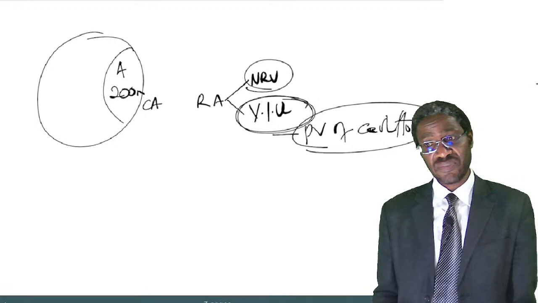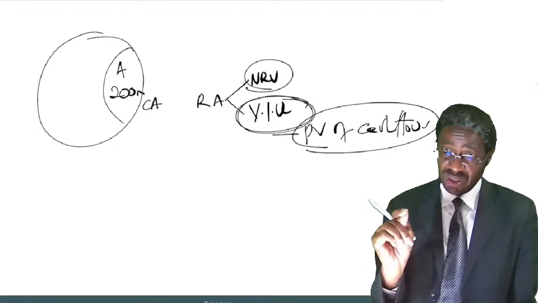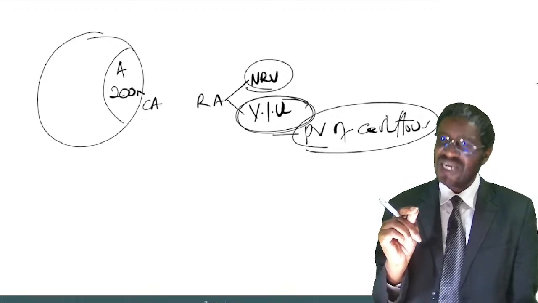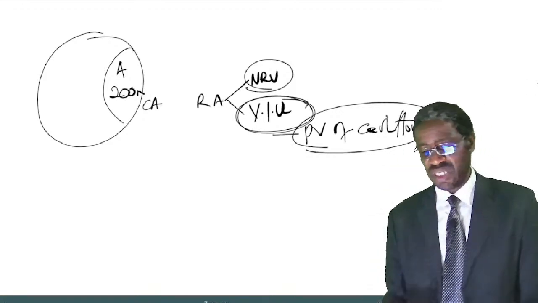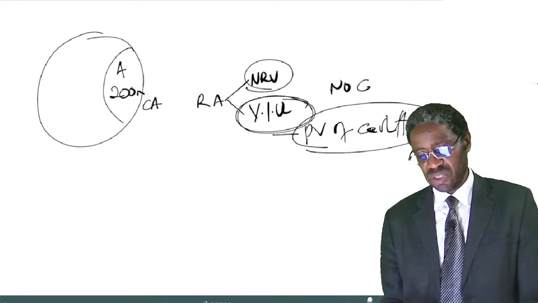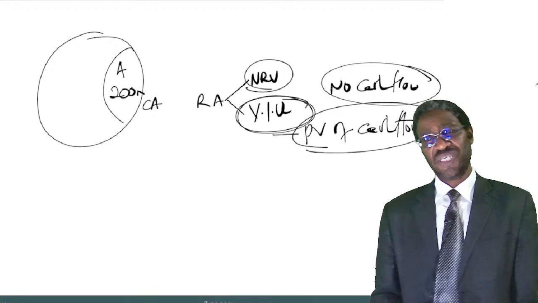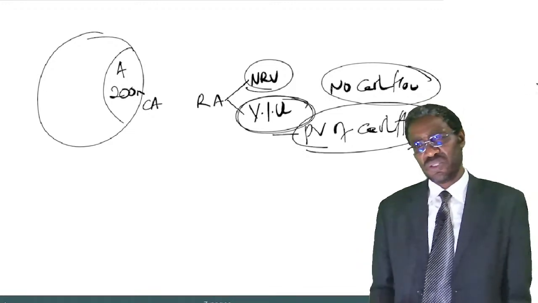Now listen. Suppose this asset cannot generate cash flows. On its own, it has no cash flows.